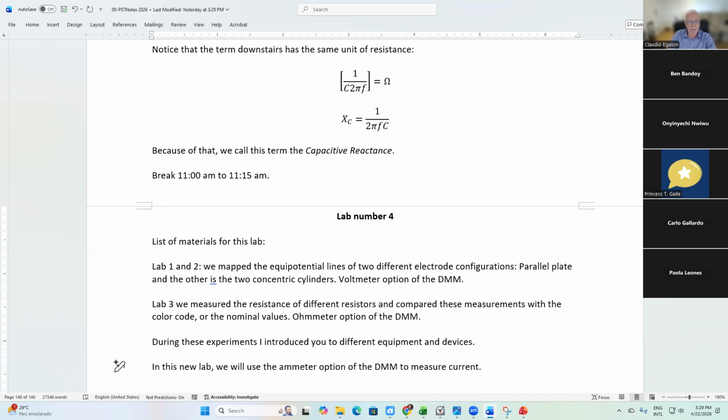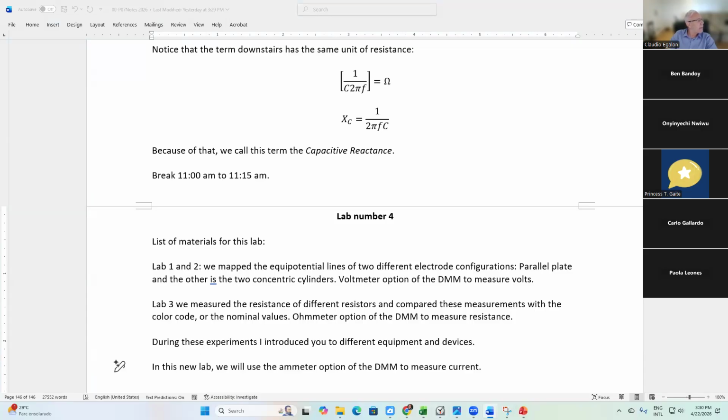The voltmeter measures volts, the ohmmeter measures resistance, and the ammeter measures current. So you can measure all those three important quantities in electricity.